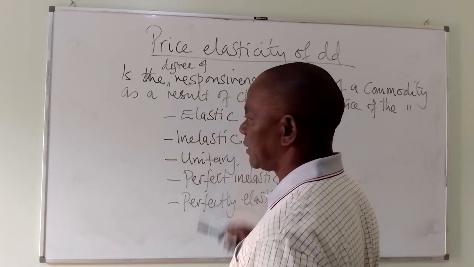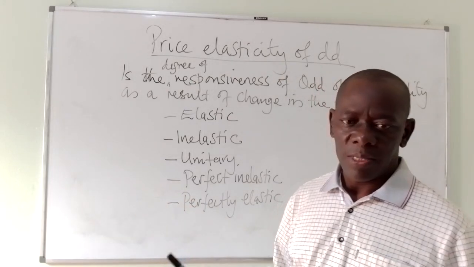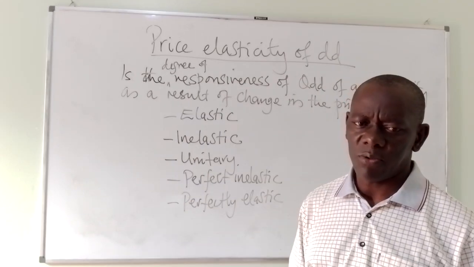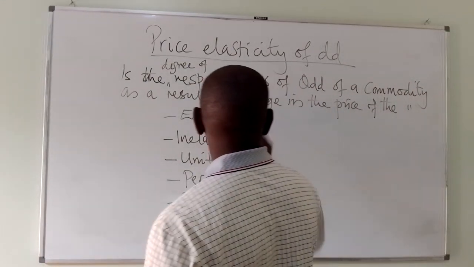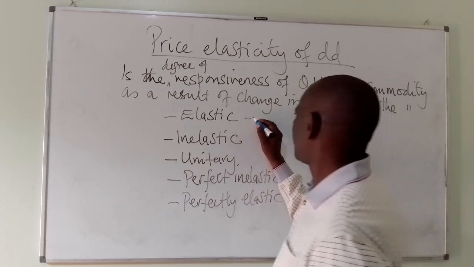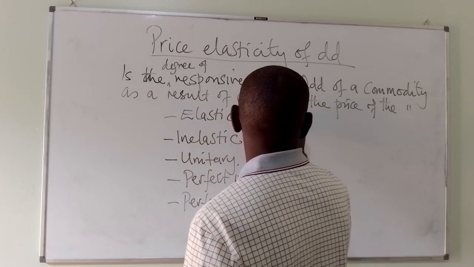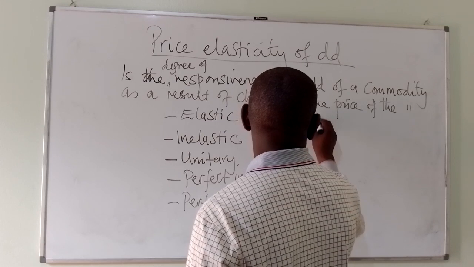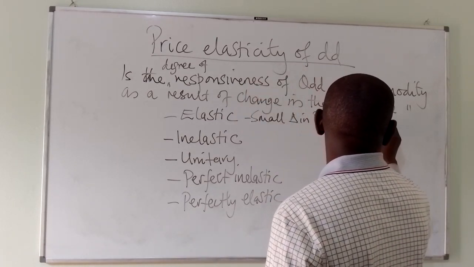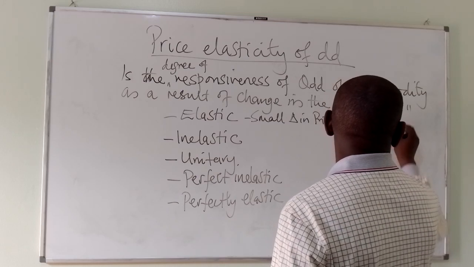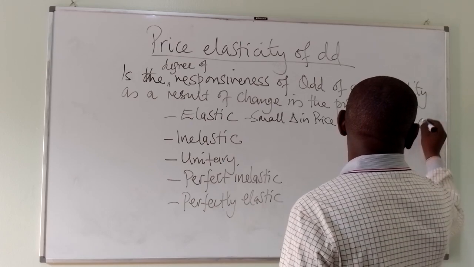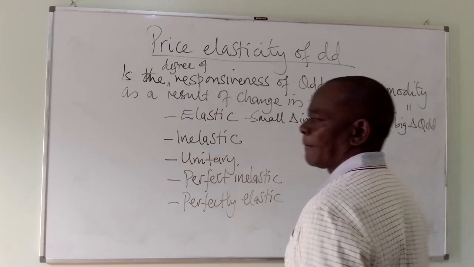But elastic means that there is a big change. A slight change in the price leads to a big change in the quantity demanded. Here, you are going to have a small change in the price leading to a big change in quantity demanded.